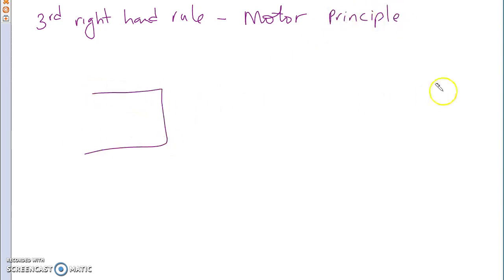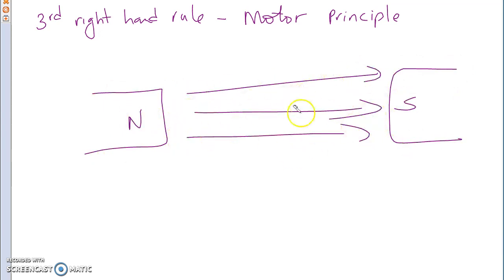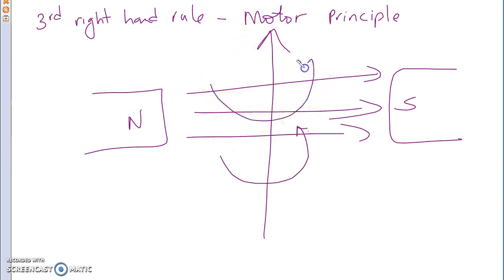And so what we're saying is, if I have an outside magnetic field, so there is a magnet, there is your magnetic field going from north to south, and if I have either a conductor or a charged particle that is going through this magnetic field, then this charged particle will have a magnetic field as well, and both of the magnetic fields will interact with each other, creating a force which will either push this wire that way or that way, if it comes out of the page or going into the page.